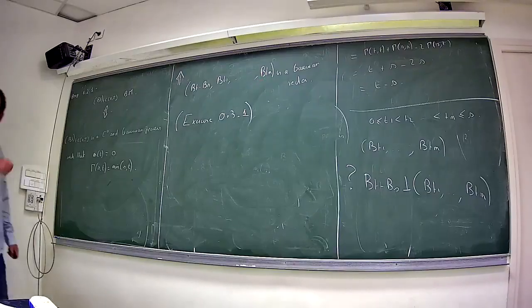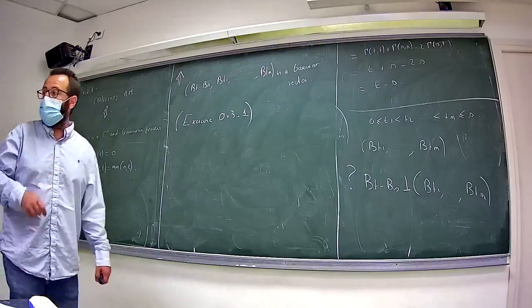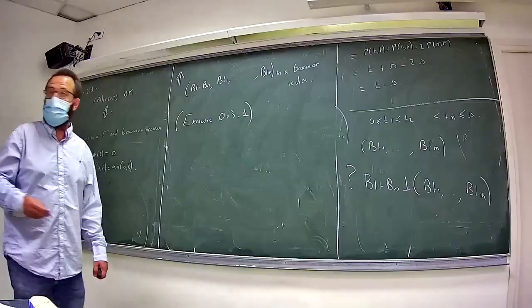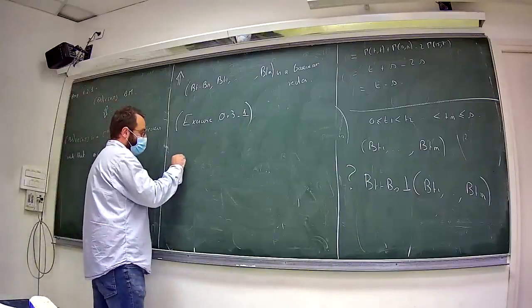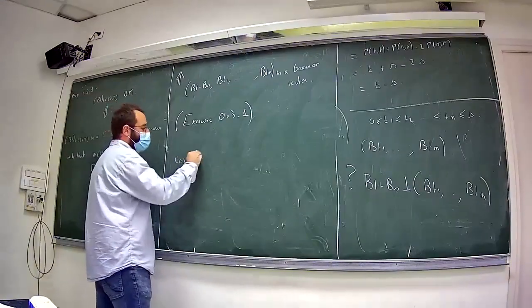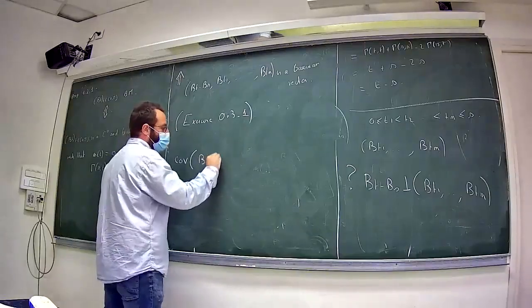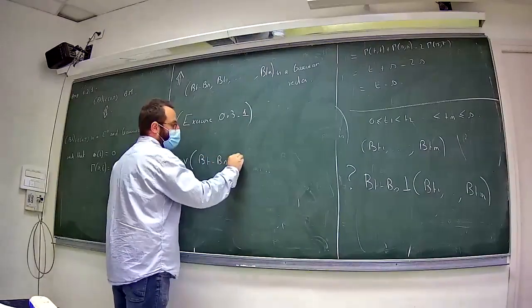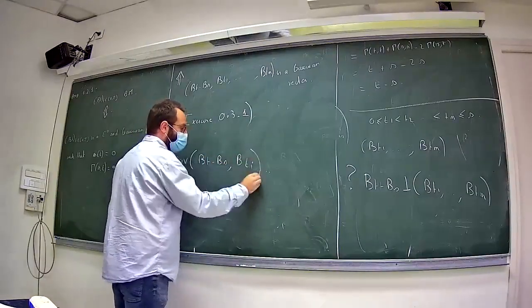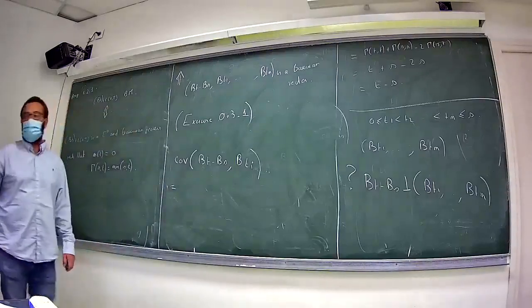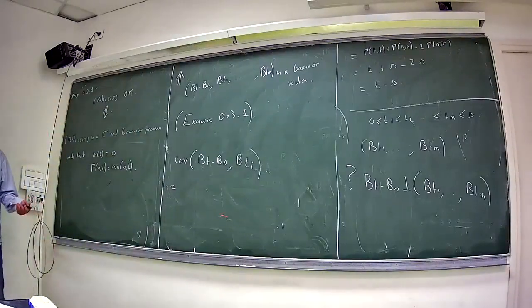Okay, so I just have to compute a small covariance. So if I am interested in the covariance between Bt minus Bs and, let's say, Bti, my objective is to prove that it is 0 in order to be able to use the result of this exercise, which tells me that I will have the independence.